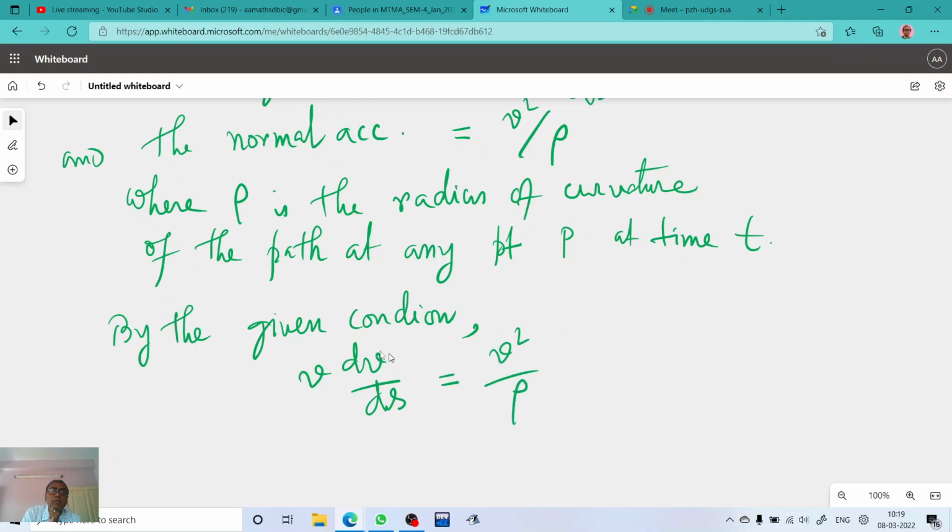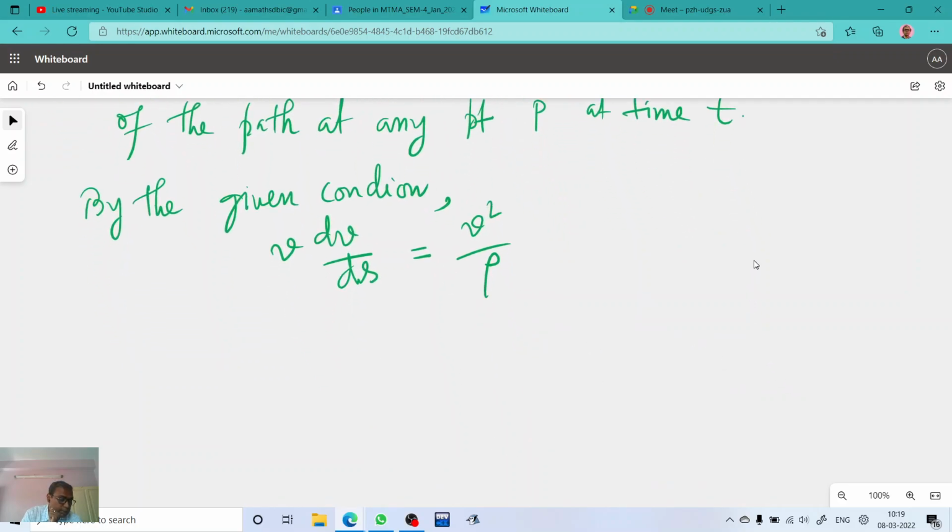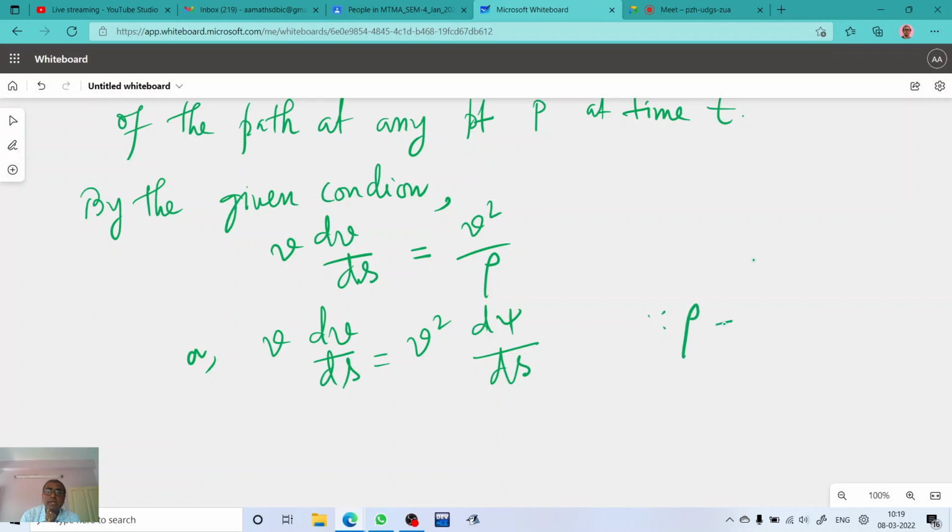The left side is the tangential component and the right side is the normal component. So both are equal, and v dv/ds equals v square into d psi by ds, because rho is the radius of curvature.